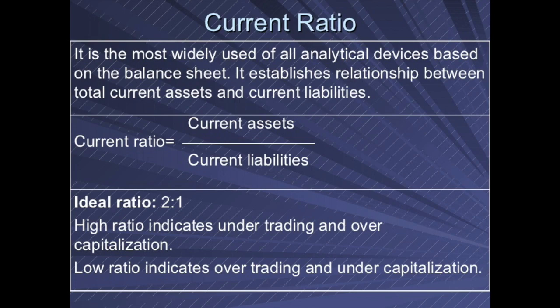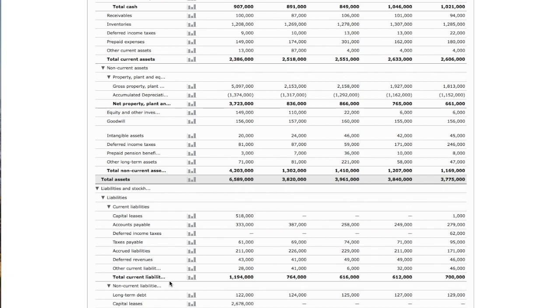The ideal ratio for any company to have is a 2-to-1 ratio, meaning they have twice as many current assets as they do current liabilities. Foot Locker actually has a near perfect 2-to-1 ratio, which is a very good sign and tells investors that Foot Locker's liquidity is very solid.